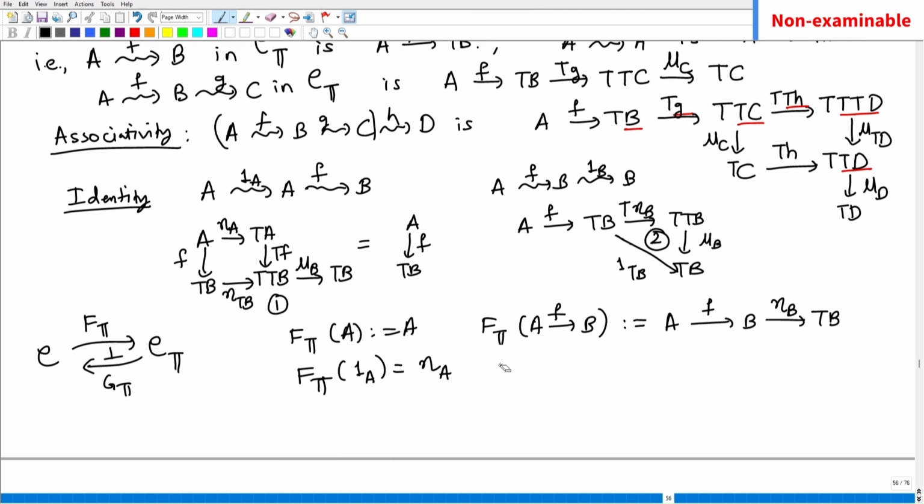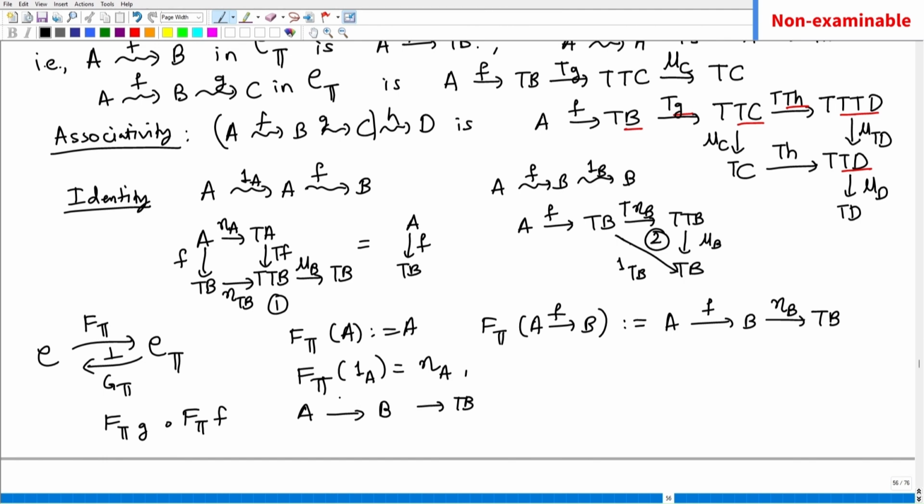Huh? Or maybe for the sake of completeness, let me do that. So FTG composed with FTF. Okay, what will this be? We'll have A, to... First of all, what should be the first composition? A to B, then to TB.